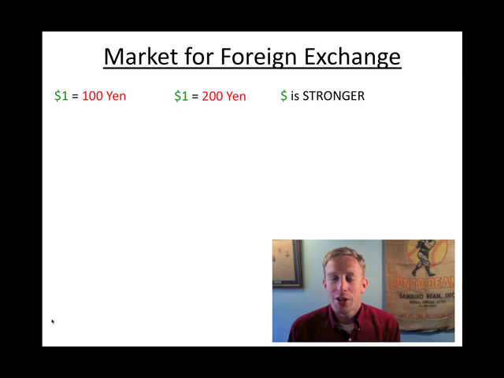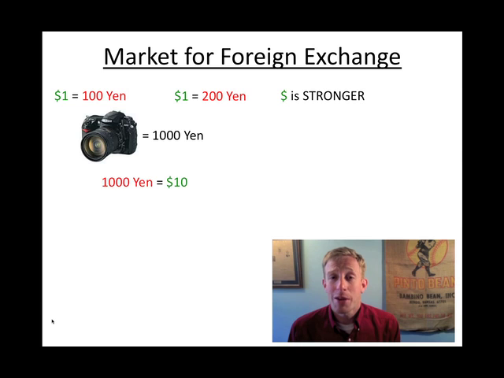If the exchange rate is 100 yen to a dollar, that means it costs $10. If the dollar gets stronger, let's say we can buy 200 yen with $1. That means that 1,000 yen camera now costs you only $5. This is good for you because you can buy the camera at a lower price.